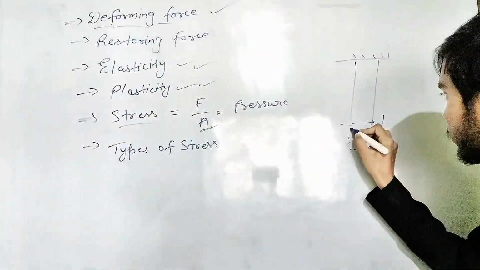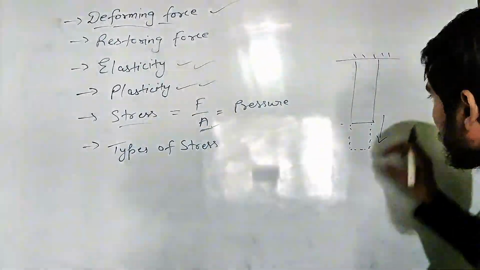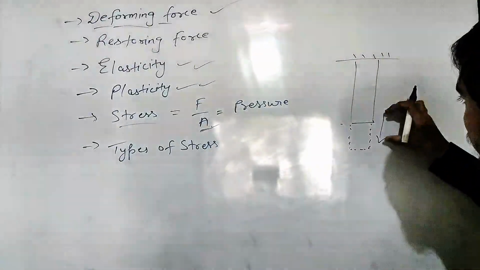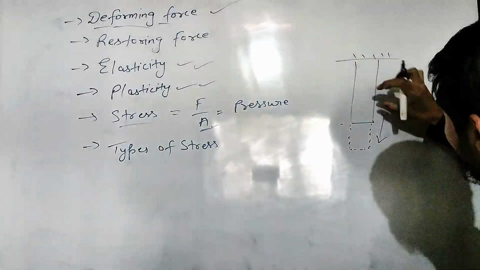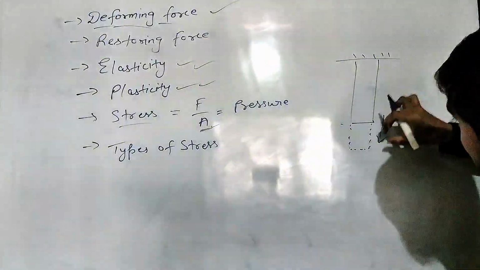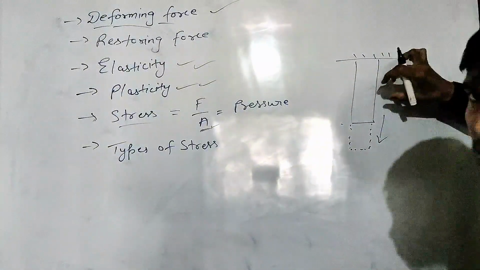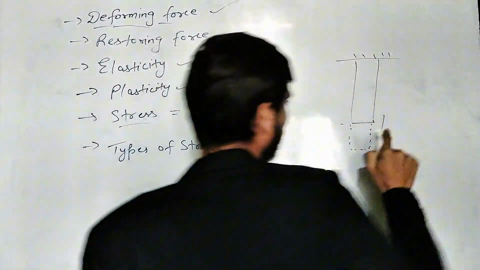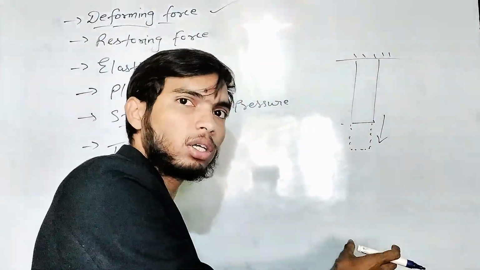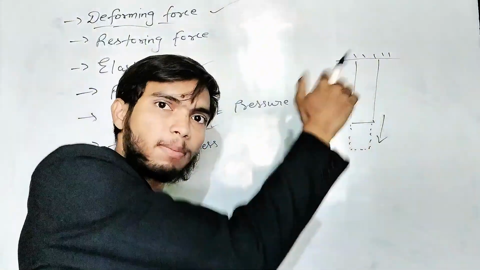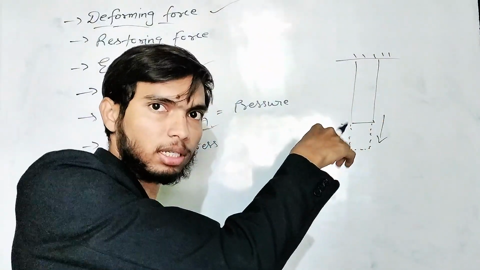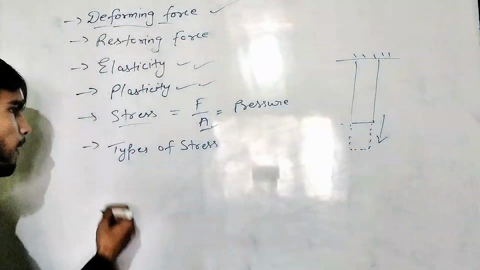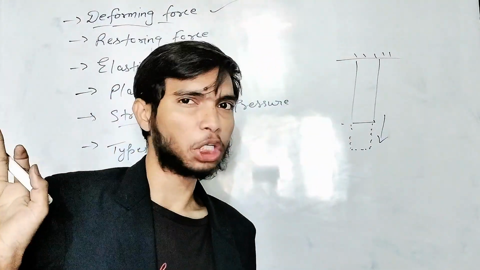So you are observing that we applied this much force, and this body will apply the same force to regain its original configuration, and this is related to length. Length has increased, so the body will apply restoring force to come back to its initial length. So just understand longitudinal is related to length.